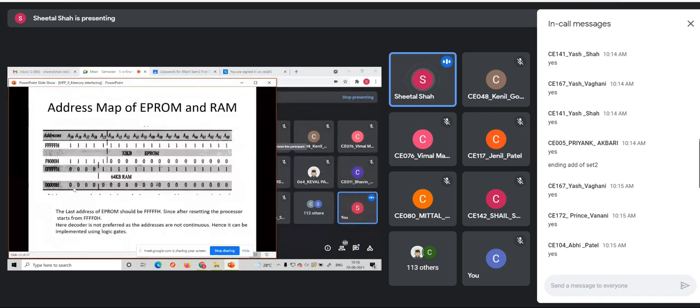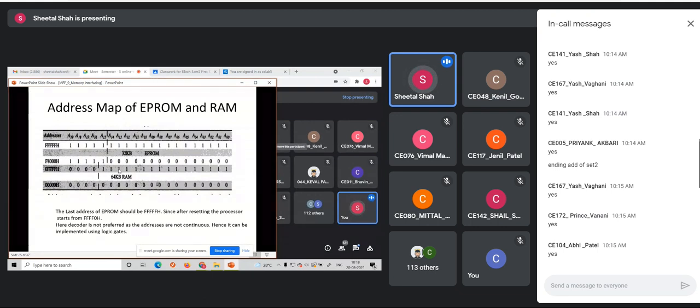Okay, so if I go through this memory map, this would be clear. So this is my 0000, and it is given that 13 address lines plus 1, that is 14 address lines, A0 till A13. So these address lines are used for addressing each of the RAM locations, and the starting address would be all zeros, whereas the ending address would be, these 6 bits would be 0, whereas the rest of all would be ones.